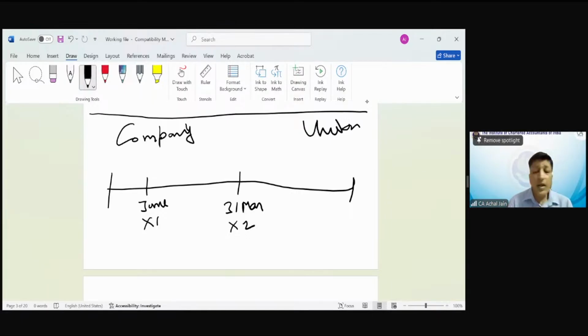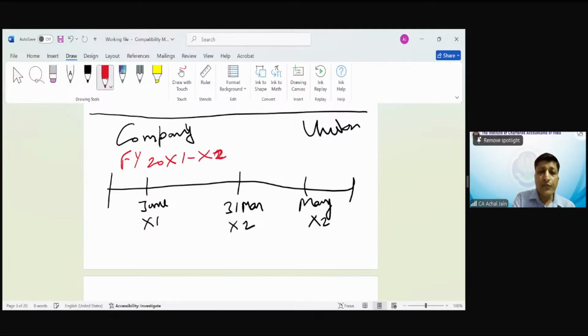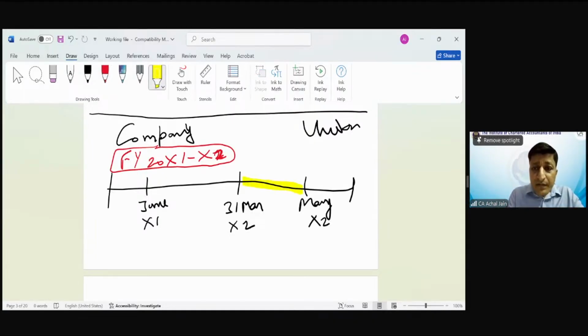This amount has been settled up to May X1. Sorry, May X2. Now, we are required to look at the accounting for financial year X1-X2. Please don't forget that this is the period that we are going to look at. So for that liability for this period, do we need to consider?